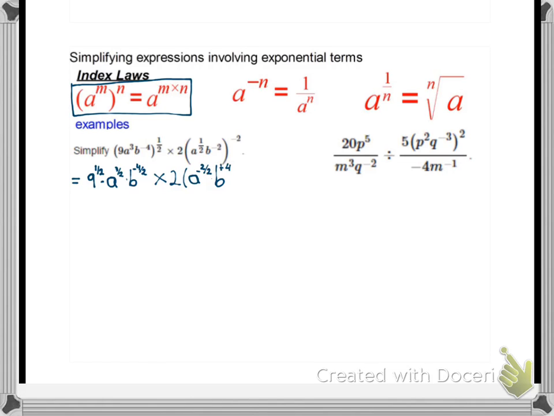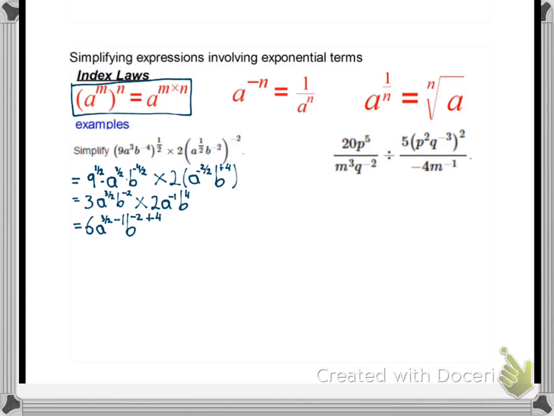We do the same with all the powers of the exponential numbers inside the bracket here. They're all going to be multiplied by the -2. So it's a half times -2 and a -2 times -2. Well, that gives you that +4 there. Alright, so now because we are multiplying, we can simplify our exponents, and we're going to add the powers.